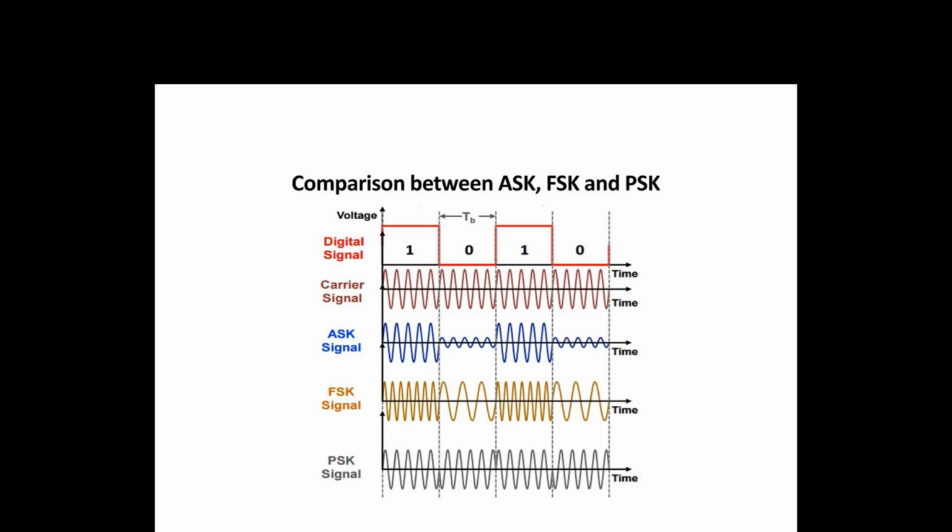And then we have PSK, that is phase shift keying. The phase of the carrier signal varies with respect to the digital input. Look here, if the message bit is 1, we don't have any phase shift in the carrier signal.